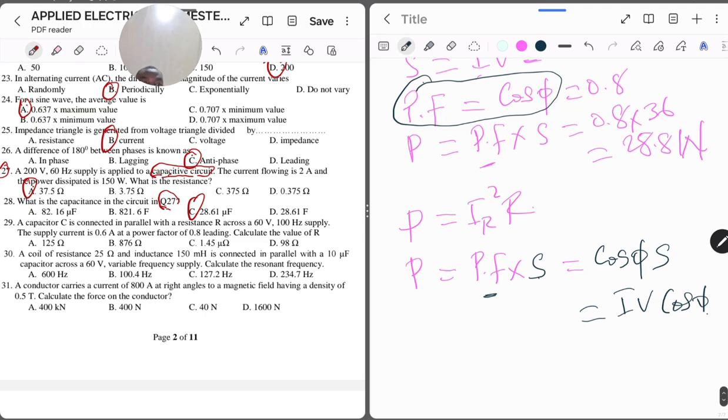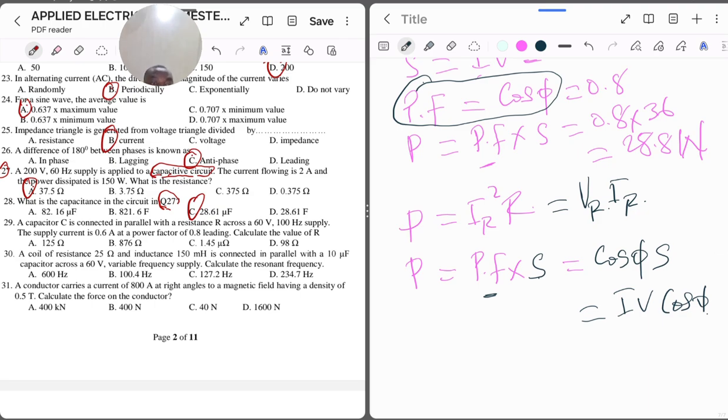Now at the same time, if we are writing in terms of voltage, we can say the voltage across the resistor, VR, times the current passing through will also give us the power.